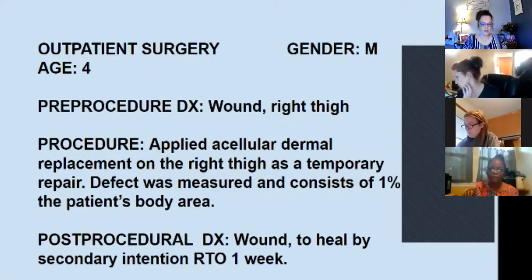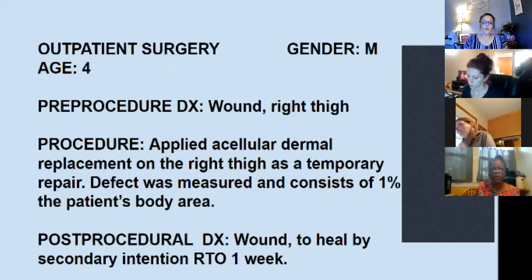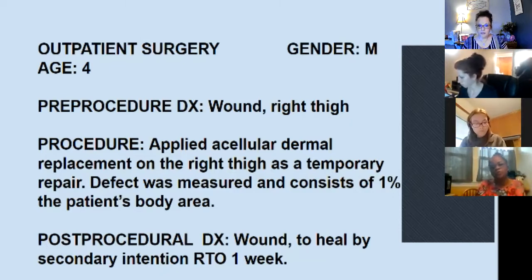Okay, all right, here's our next one. Outpatient surgery. The gender is male, the age is 4. Procedural diagnosis, we have a wound on the right thigh. What is our procedure?